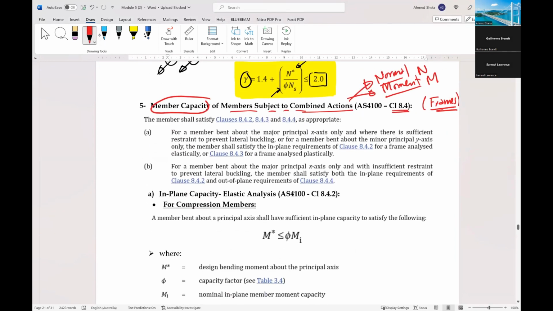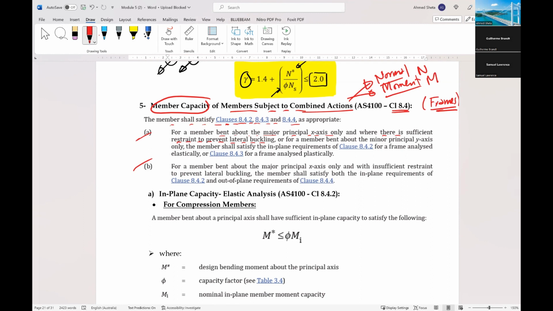Here the member shall satisfy clauses 8.4.2, 8.4.3, and 8.4.4 as appropriate, for a member bent about the major principal axis only where there is sufficient restraint to prevent lateral buckling, or a member bent about the minor axis. So you can read these two conditions.